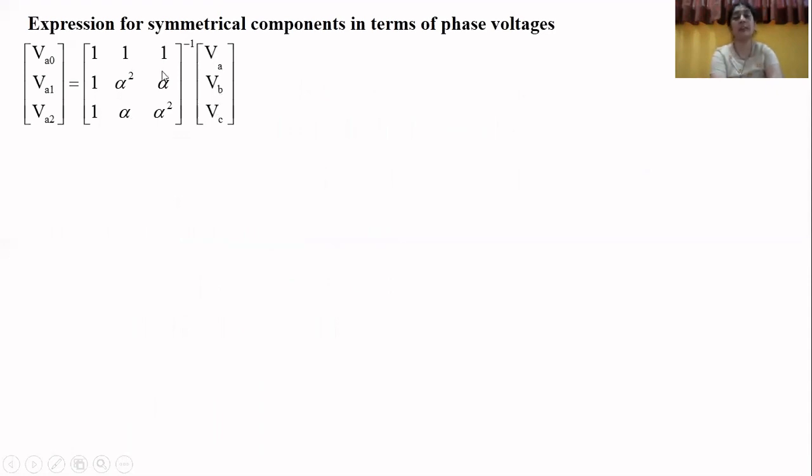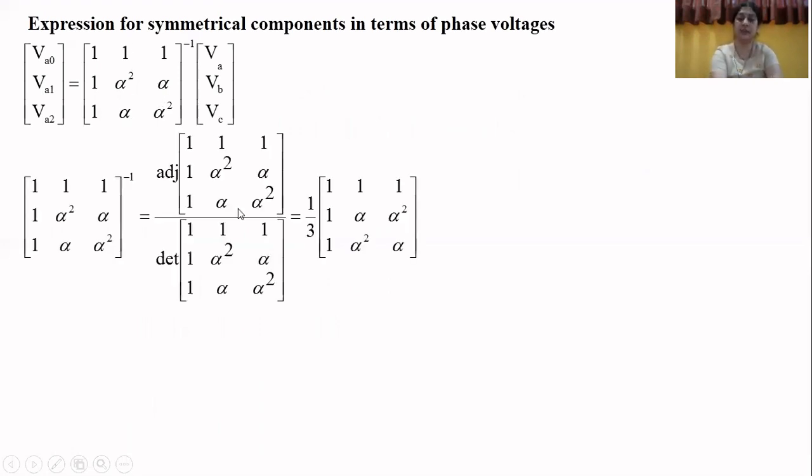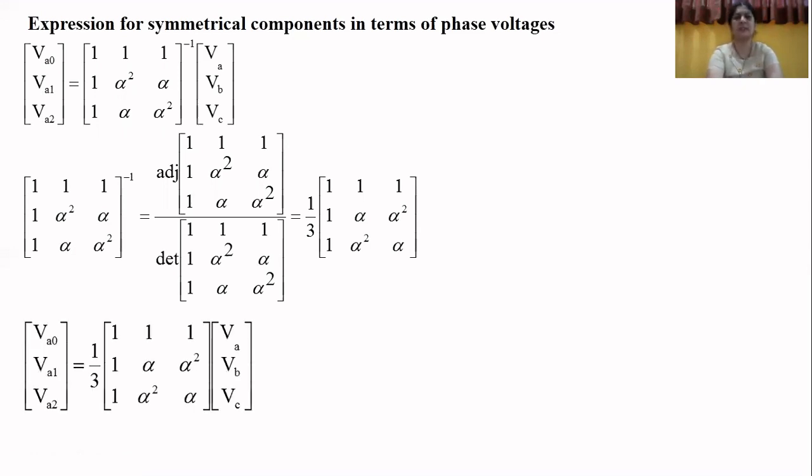How do we find this inverse? The inverse is obtained as the adjoint of this matrix divided by the determinant of this matrix. When we do that and simplify, we get 1 by 3 times the matrix with rows 1, 1, 1; 1, alpha, alpha square; 1, alpha square, alpha, for which we use the properties of alpha, such as alpha cube is equal to 1, alpha to the power of 4 is alpha, and so on.